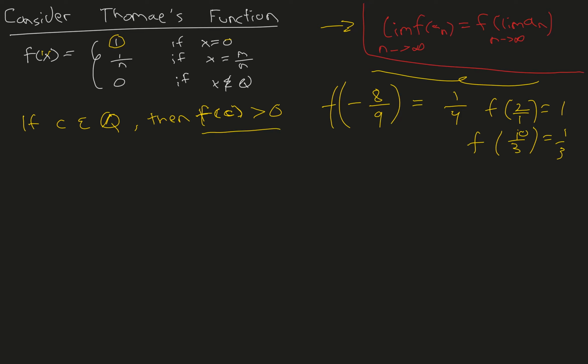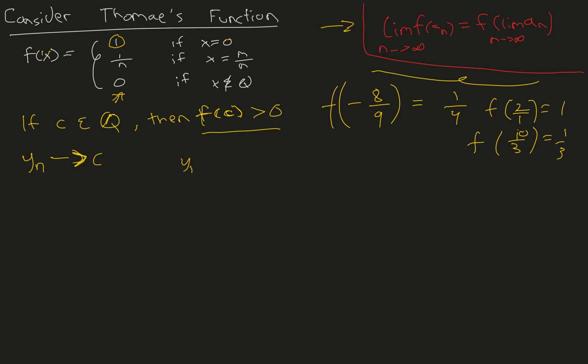But because the irrationals are dense in the real numbers, we can find a sequence yn in the irrational numbers converging to c. Because irrationals are dense, we can find a sequence yn which converges to the rational point c. But all irrational numbers in this function are mapped to 0.